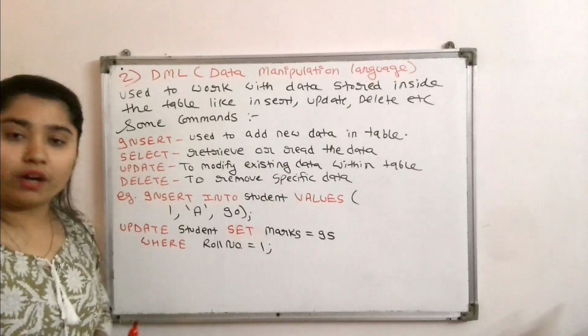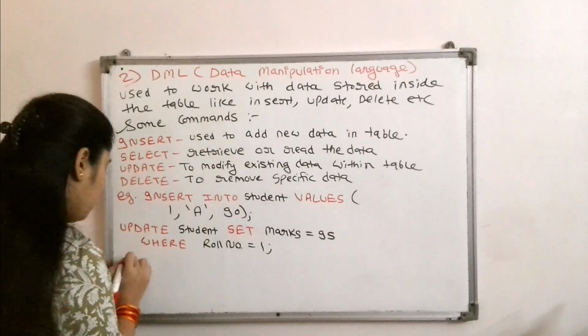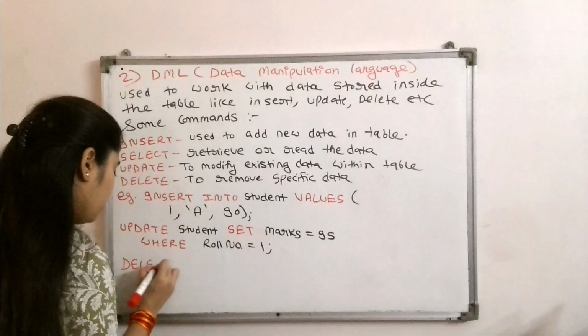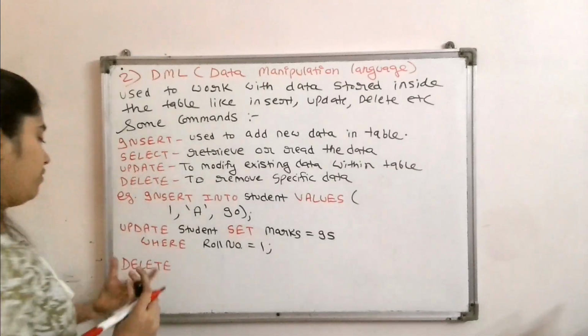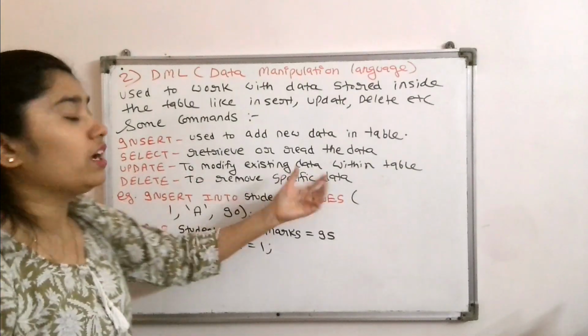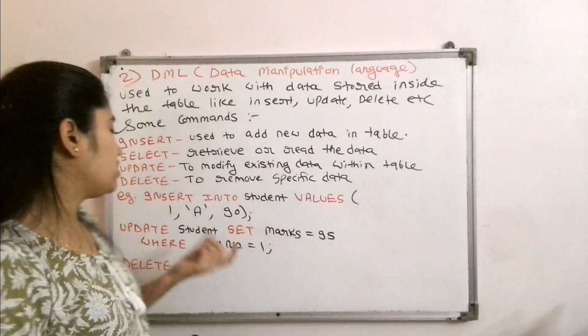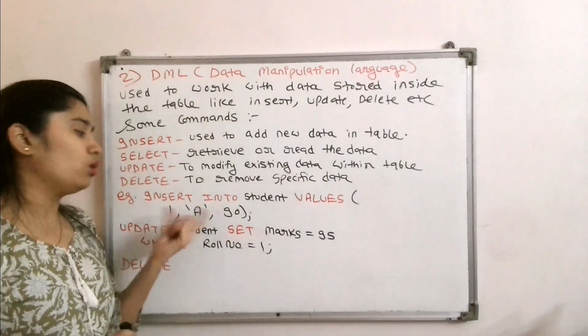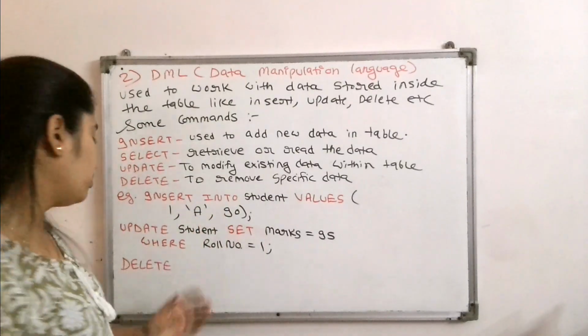Let's take the delete query also. We have seen that delete is used to remove specific data. So this is our existing data. Suppose we want to remove this data, how will we do it?